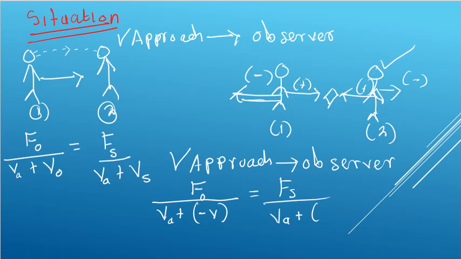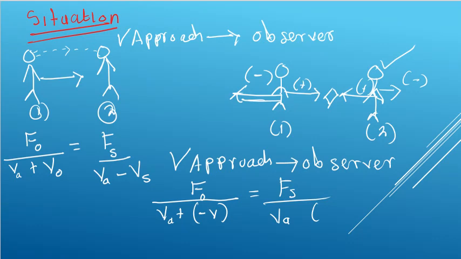sorry, I made a mistake here. Supposed to be negative. Whenever the approach is positive, it's supposed to be negative here. So even here, let me put my negative sign.